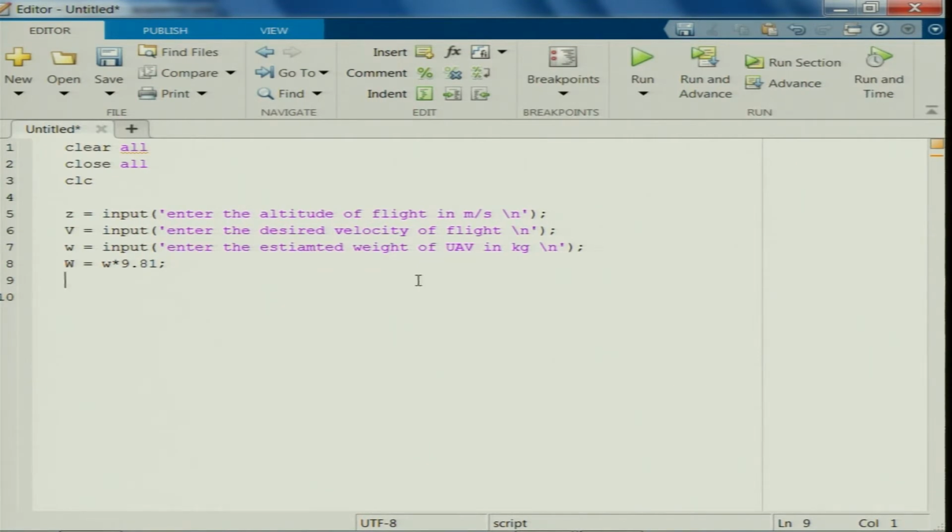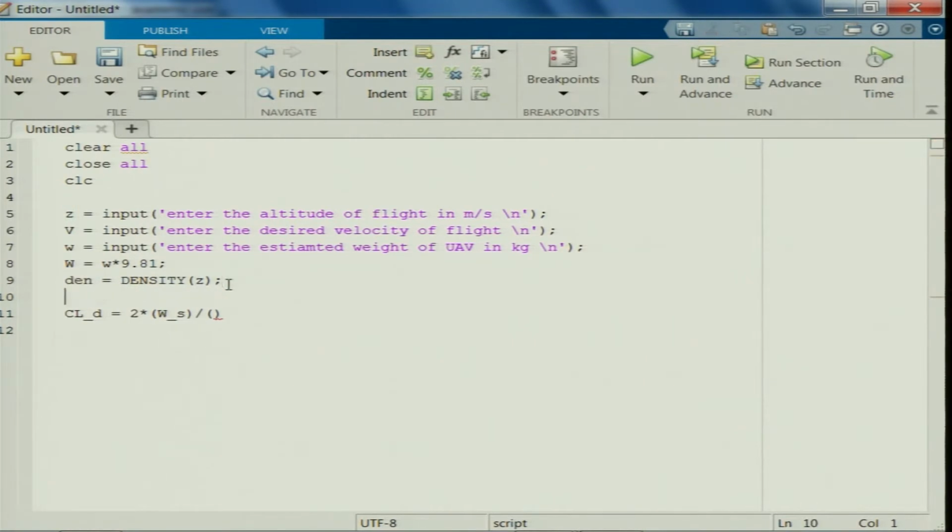Now, what is the design CL? L by D is also an input, but it is rarely used here other than for finding CD naught and K, and we will use those parameters anyway. I need to find CL design. CL underscore design is 2 times W upon S upon den, so I need to find the density. den is equal to density of Z. This will help me find the density at that particular altitude.